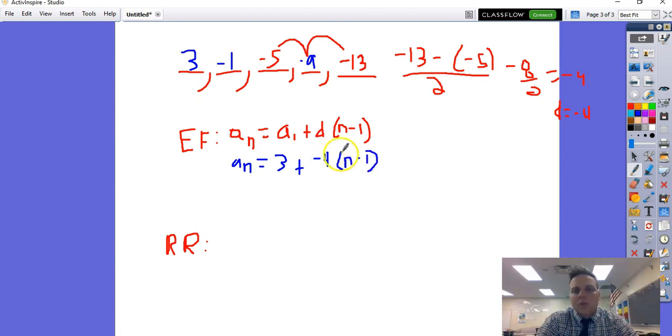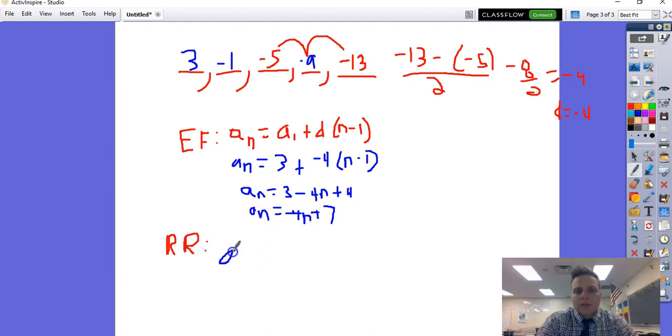Which then, I distribute this negative 4 in, so I get a sub n is equal to 3 minus 4n plus 4. So then that's going to give me a sub n is equal to negative 4n plus 7, because that's a 4 right there, plus 7. Bam, there's your explicit formula.